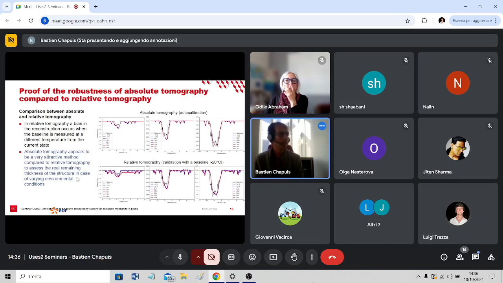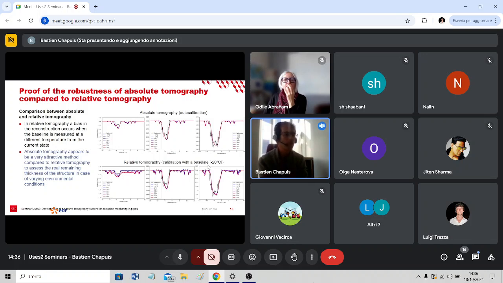Yes, exactly. The baseline here means that we used signals measured on the defect-free pipe, plate in that case. So we make the assumption that all the thickness of the plate is a nominal value.